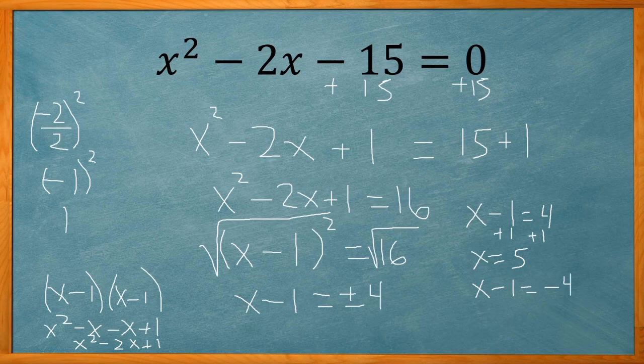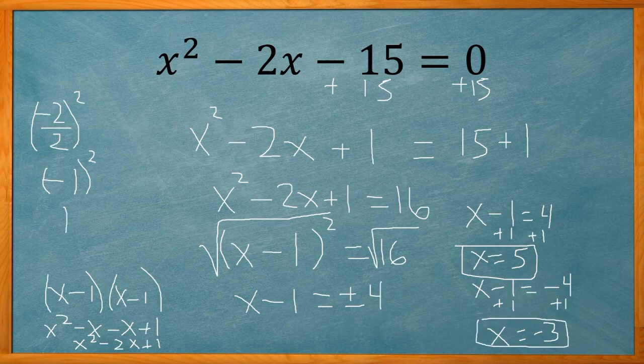I add 1 to both sides, and that gives me x equals negative 3. So my two answers are x equals 5 and x equals negative 3.